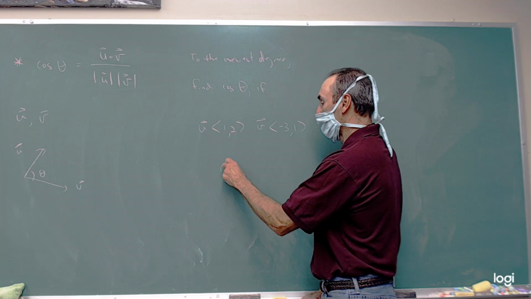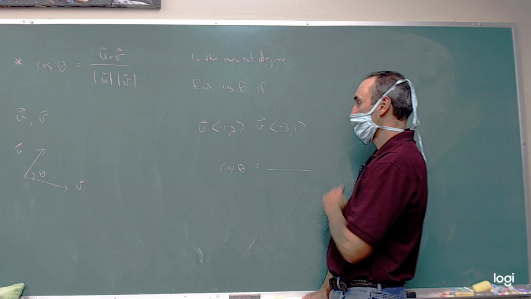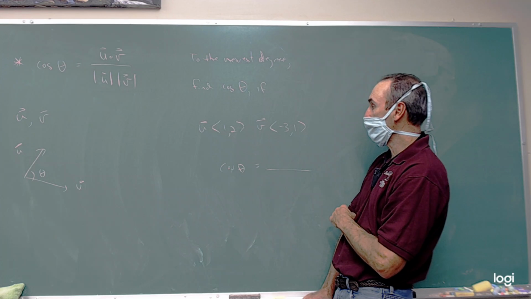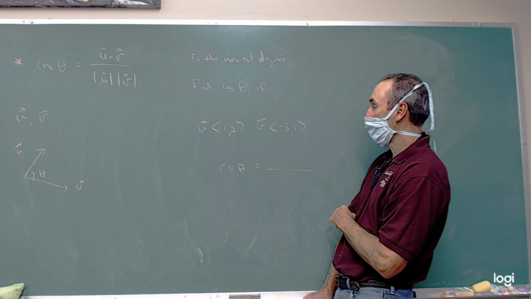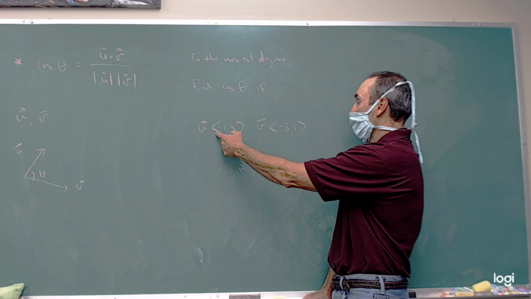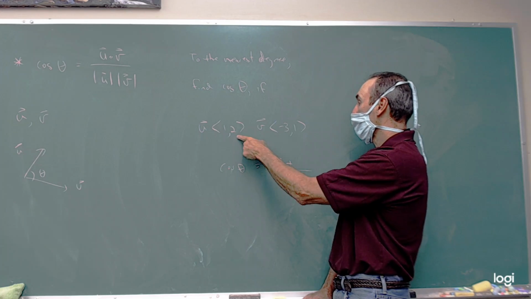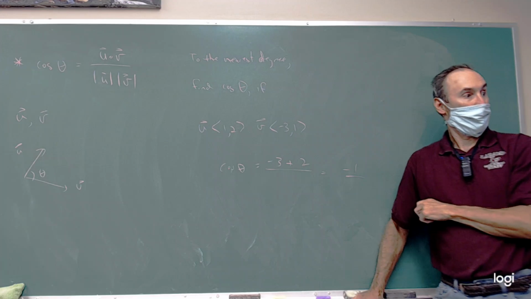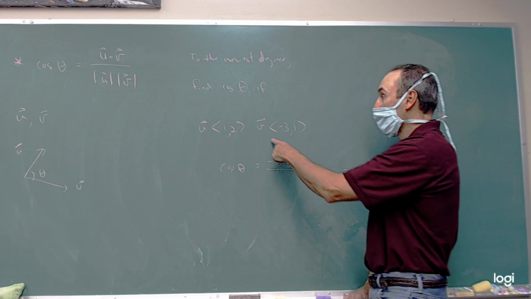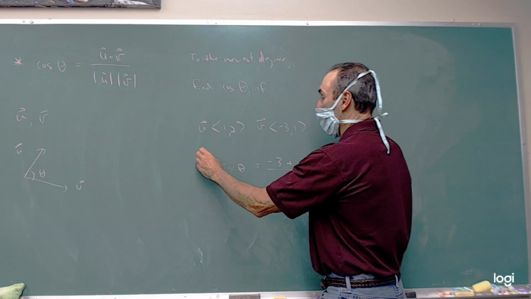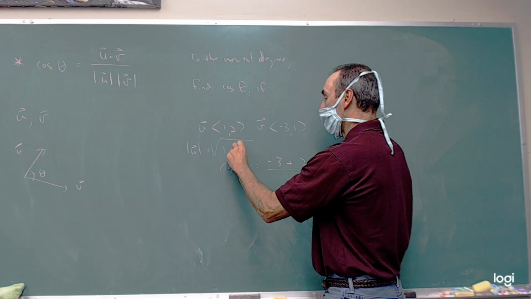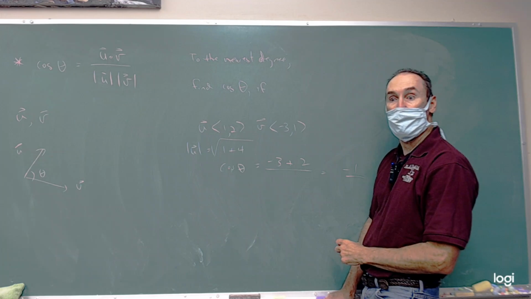So we say cosine of theta is, we're going to take u dot v. What's that going to be? 1 times negative 3 plus 2 times 1. So that's going to be negative 1. Is that okay? Over, now we need magnitude of u. So remember, magnitude of u is going to be Pythagorean. So that's going to be square root of 5.